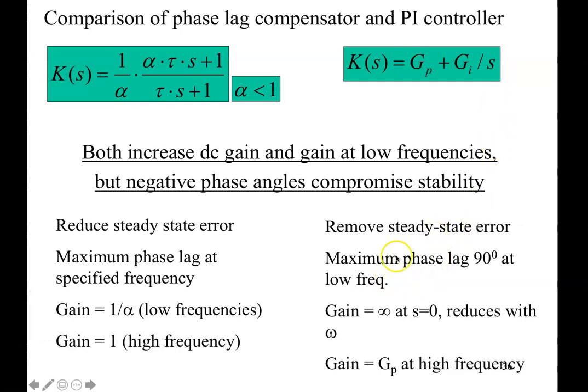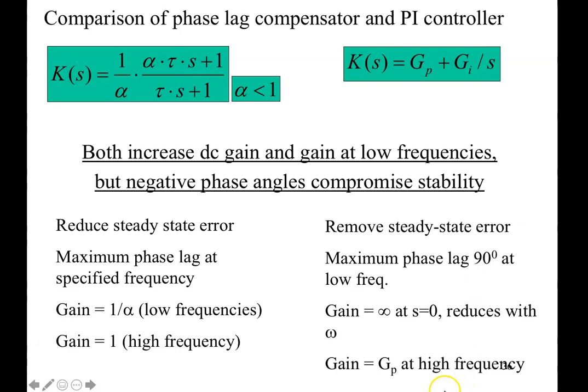But it also introduces a negative 90 degrees at lower frequency, which is a little bit worrying because you don't have much control over how much angle you get. Negative phase angle added into an open loop transfer function tends to cause problems for stability. That's why when we use PI control, we have to be careful with the gain. Too much of an integral term will cause instability.